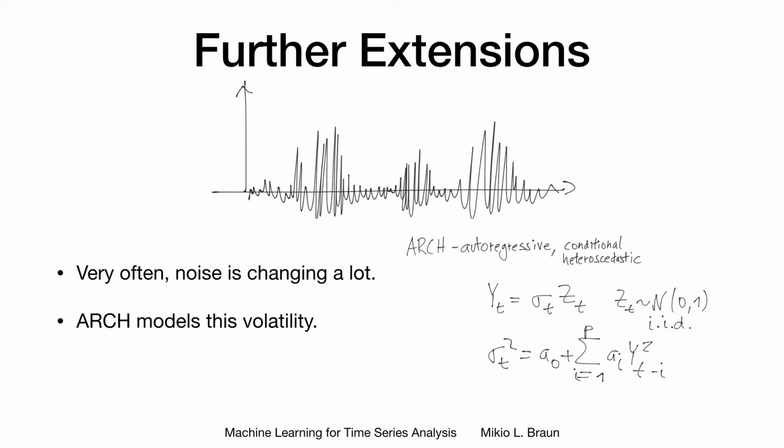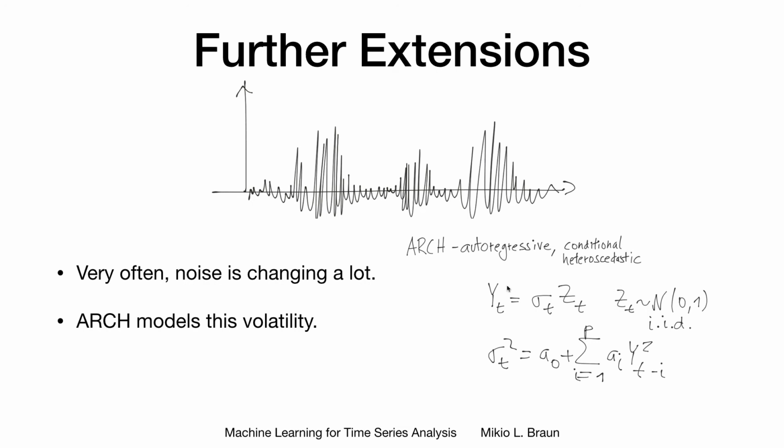But some data, like stock volatility, is known to sometimes move a lot, and other times not. For this there are ARCH models, where ARCH stands for autoregressive conditional heteroscedastic. Heteroscedastic means that the noise changes over time.